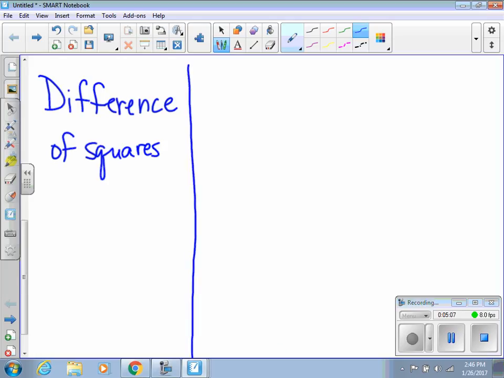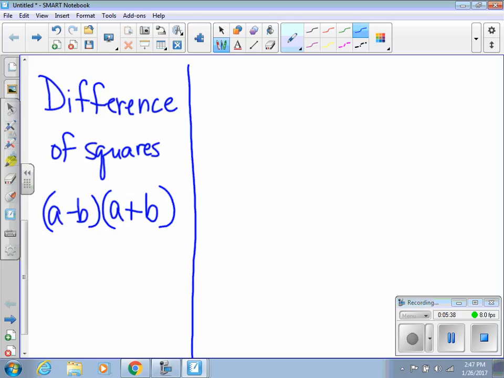The difference of squares. When you have two binomials, like this, a minus b times a plus b, they have the exact same terms, but one of the binomials is minus and one of the binomials is plus. Okay?